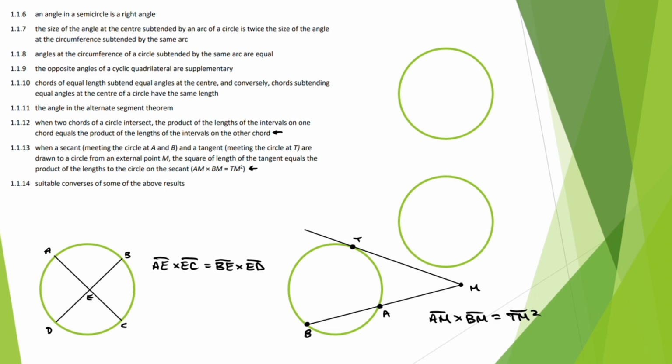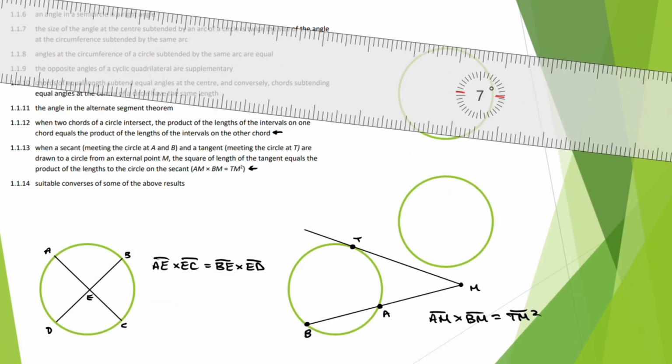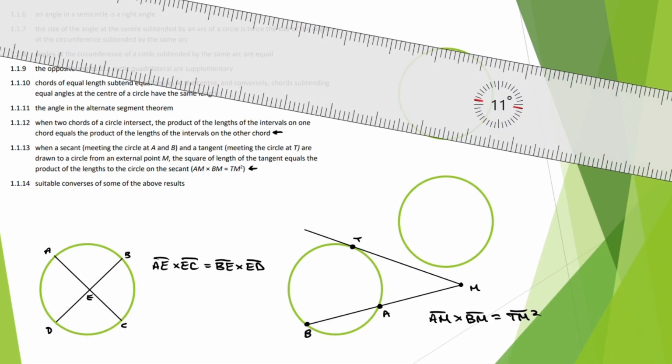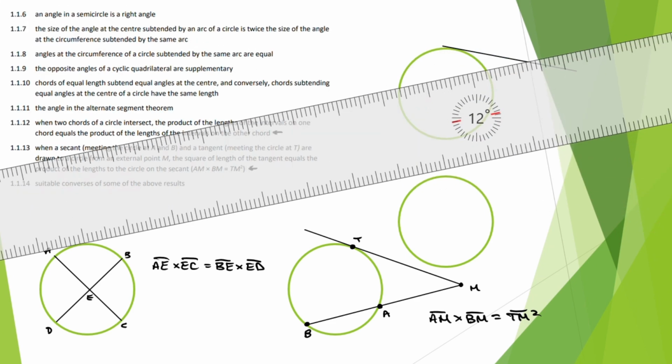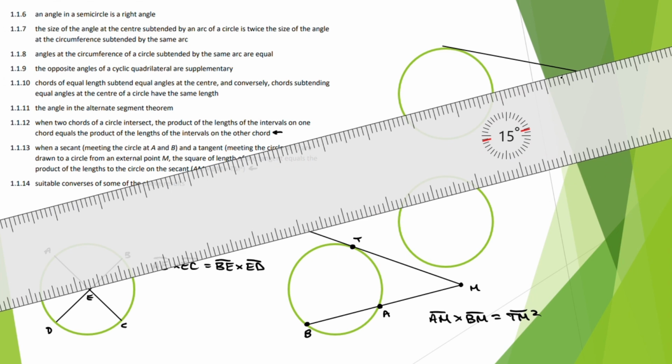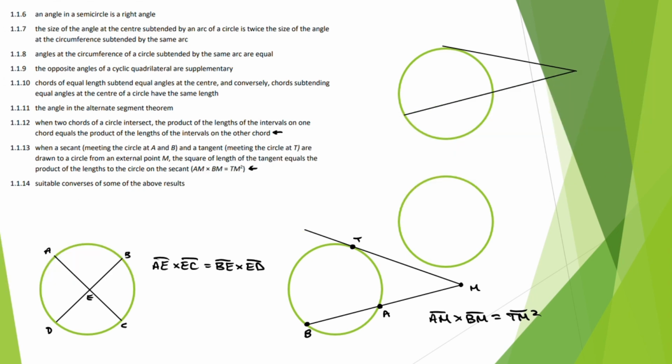Okay? So if I give an example of my secant-tangent theorem here, I draw myself a tangent like this and a secant like this. Let's say this entire length here is 8.